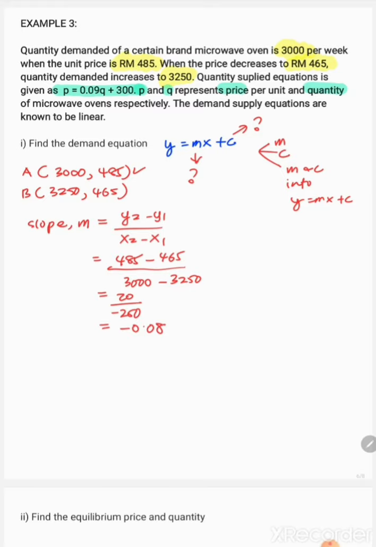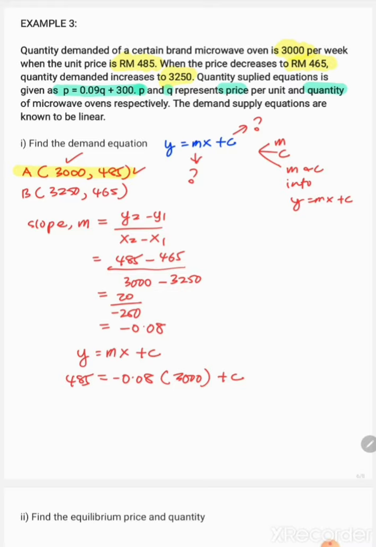Now how can we find c? To find c, you have to substitute the values into the equation y = mx + c. You can take any of the points. For example, madam takes this one, to replace the values of x and y. So y is 485, equal to m, negative 0.08, times x, which is 3,000, plus c.